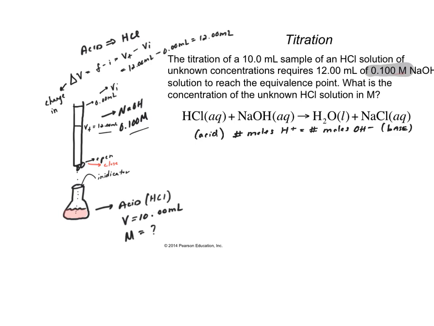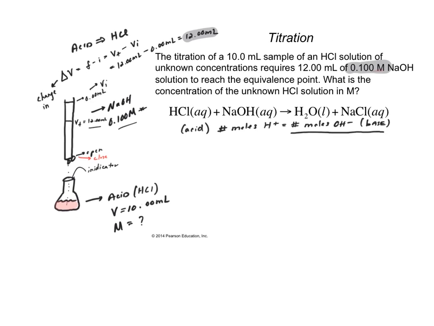I can determine one of these values right now. For the sodium hydroxide, the base, I knew the concentration, and I also knew the volume required to get me to the equivalence point. Just as a reminder, molarity is equal to moles per liter. I know the concentration and the volume, so I can calculate the number of moles at the equivalence point.